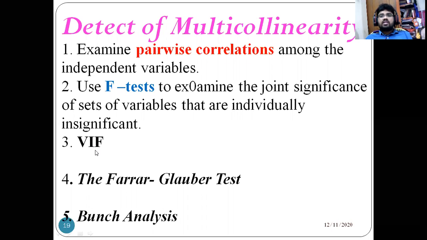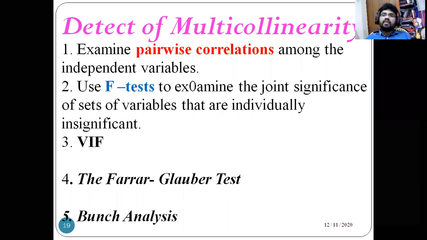Sometimes they will ask the question, what are the tests of multicollinearity? VIF, F test, pairwise correlation, then the fourth one, Farrar-Glauber test, and the fifth one is Bunch analysis. So these are the tests we can use for the multicollinearity problem.